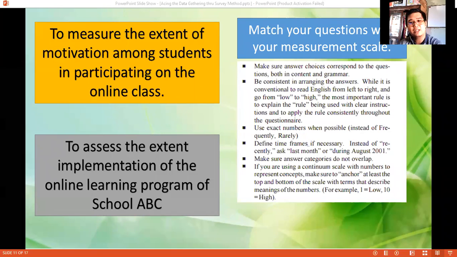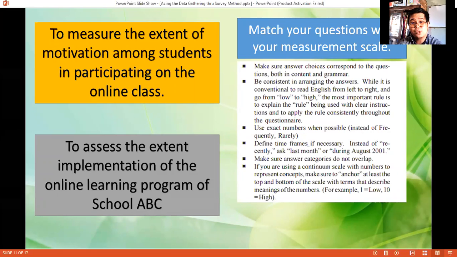Or if you use frequency, for example "I am using laptop": always, sometimes, frequently, rarely. Those are the verbal descriptions we call. Okay? Verbal descriptions.